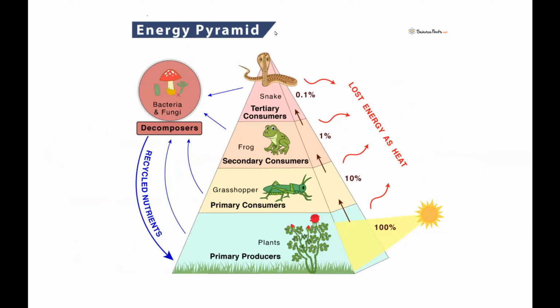So these consumers that are higher than that tertiary are going to be few because there is less energy available to them in an ecosystem. Remember the 10% rule. So it starts with 100% down at the bottom of the pyramid with your producers, and then only 10% moves up.